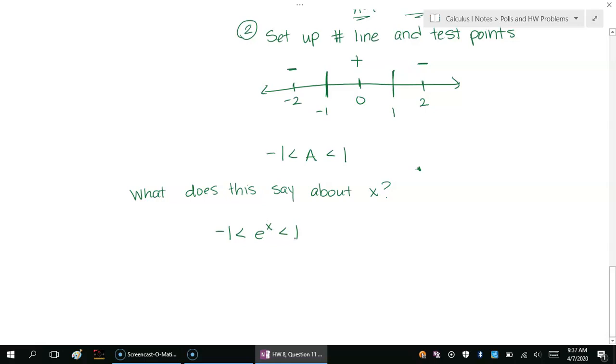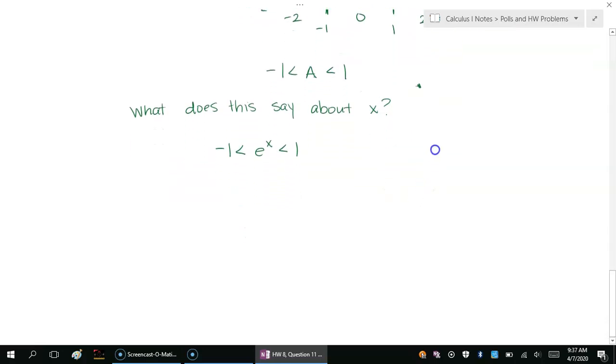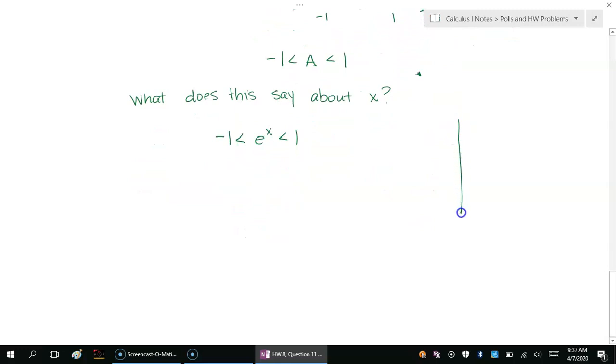And again, if I think back to the graph of e to the x, here's my height of 1. It increases to the right and it decreases to the left, approaching this asymptote at y equal to 0.